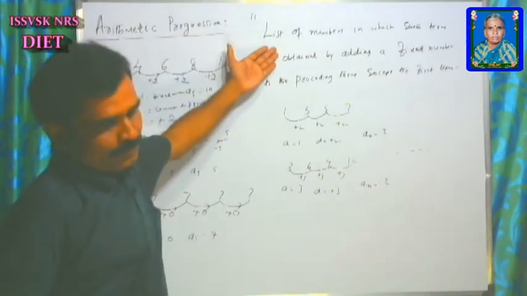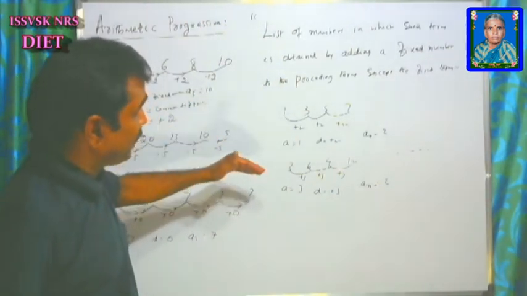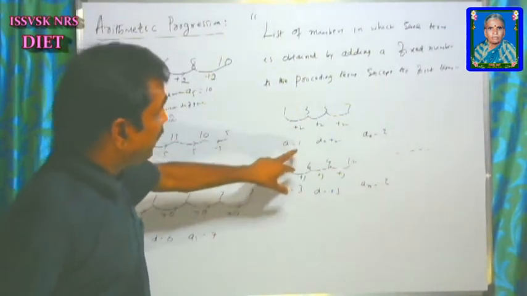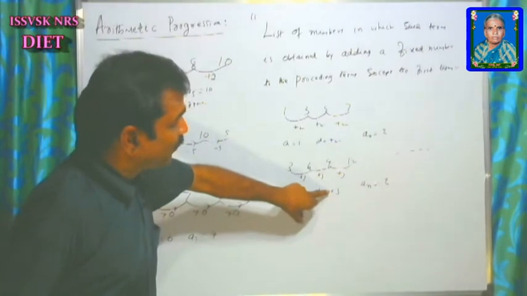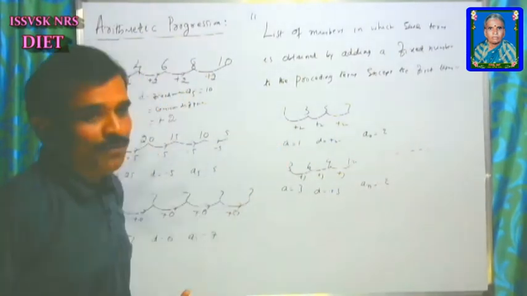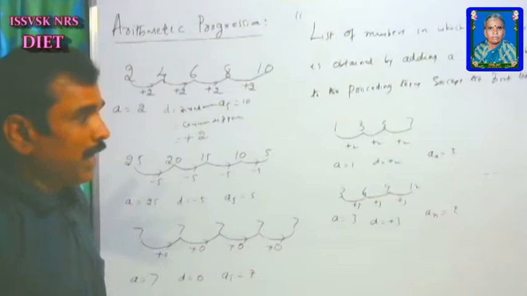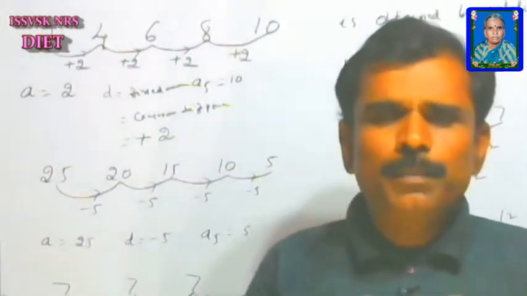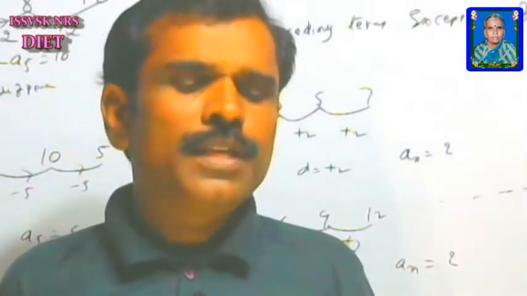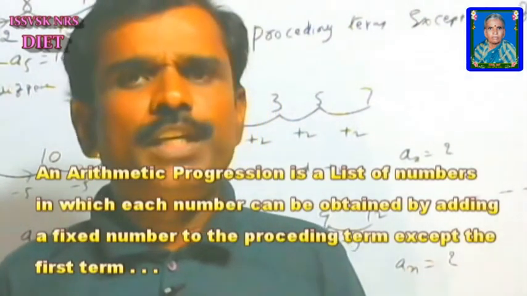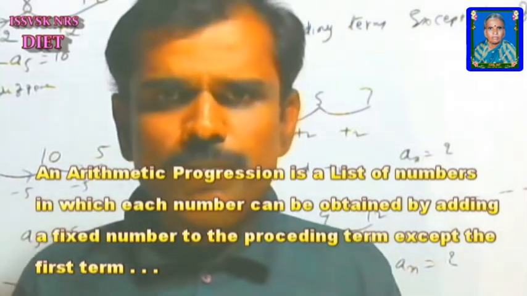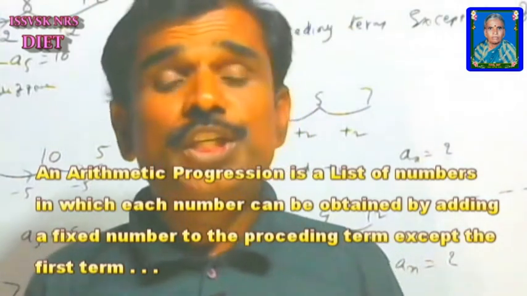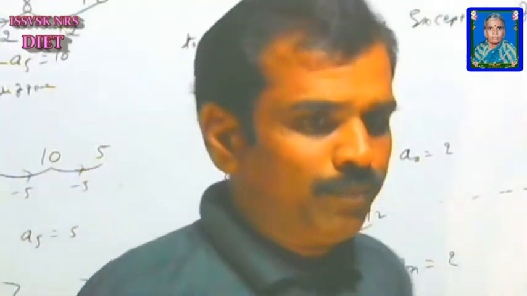An arithmetic progression is a list of numbers in which each term is obtained by adding a fixed number to the preceding term, except the first term.